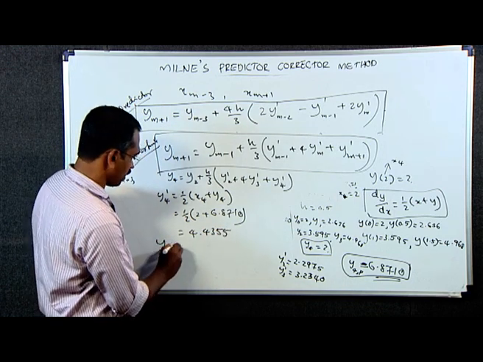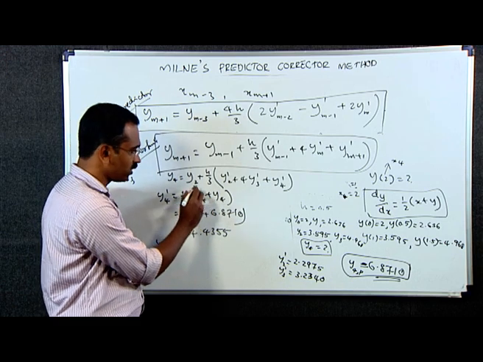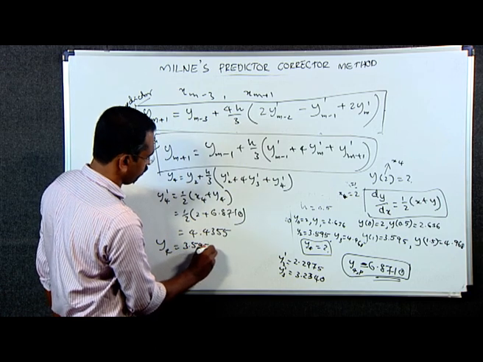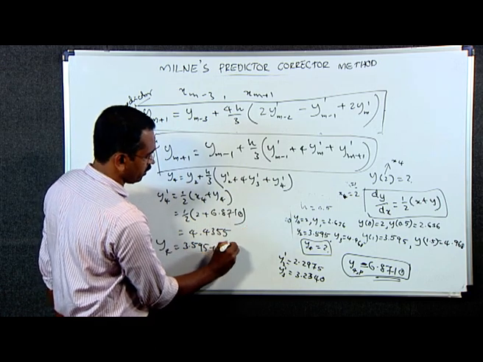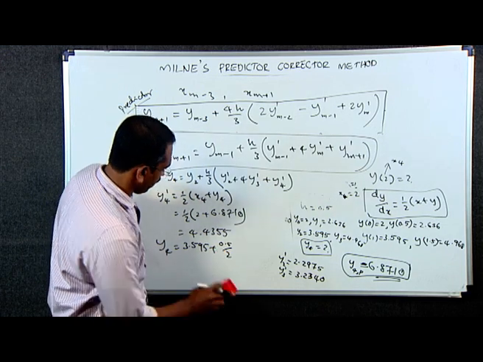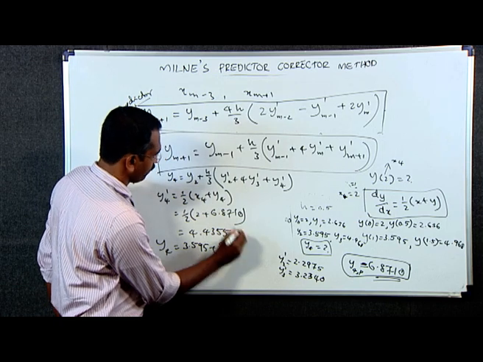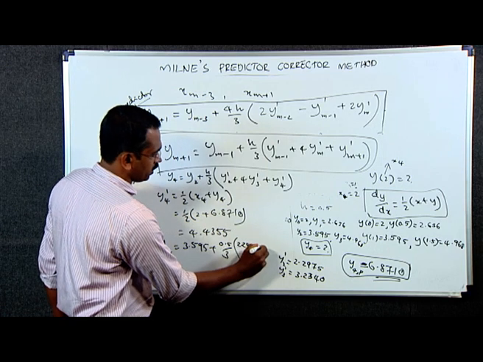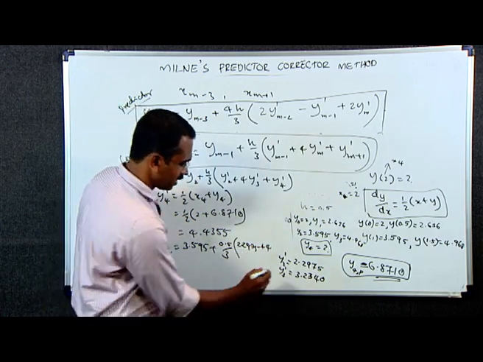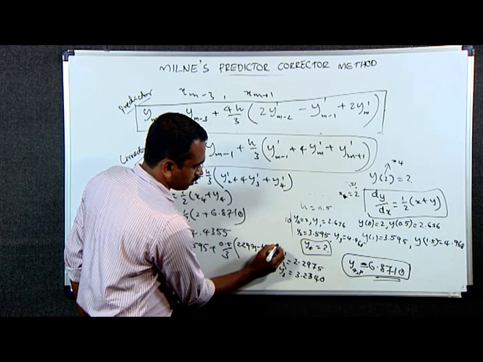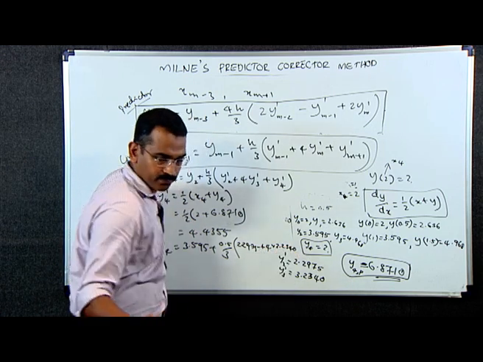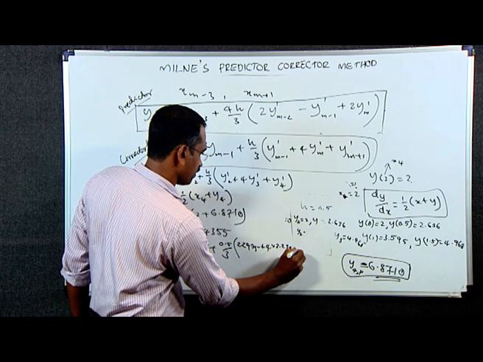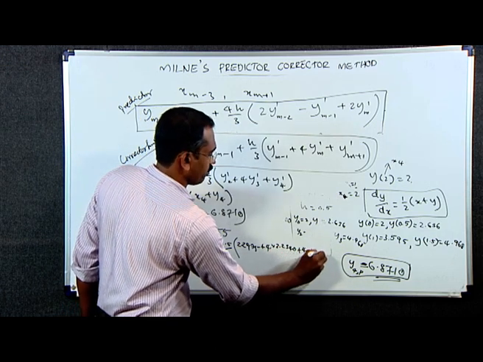Therefore, y4 is equal to y2, which is 3.595, plus h by 3, that is 0.5 divided by 3, into (y2 dash, 2.2975, plus 4 into y3 dash, 3.2340, plus y4 dash, 4.4355).